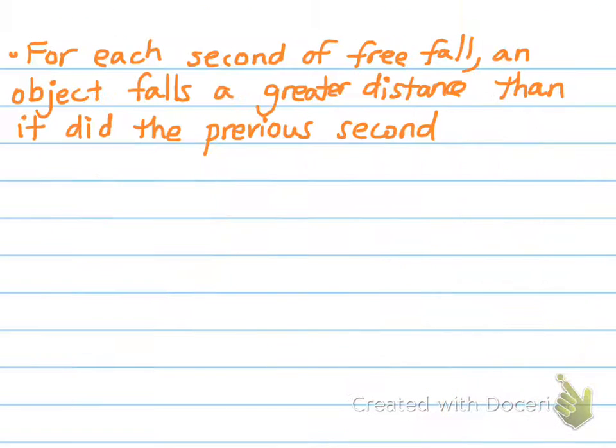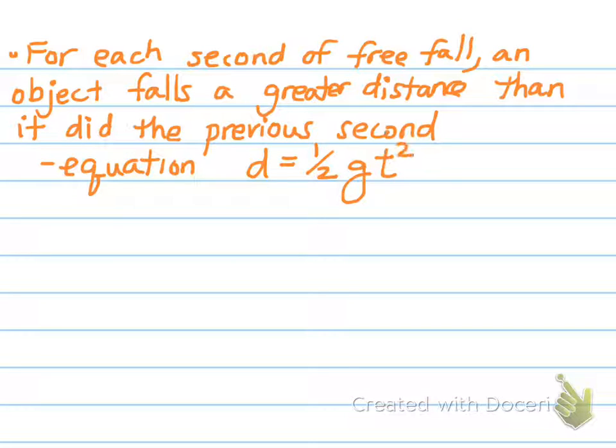That's all this is saying: for each second of free fall, an object is going to fall a greater distance each time than it did the previous second. We have an equation that we can use to figure out this distance. Our distance is 1/2 our acceleration due to gravity times our time squared.